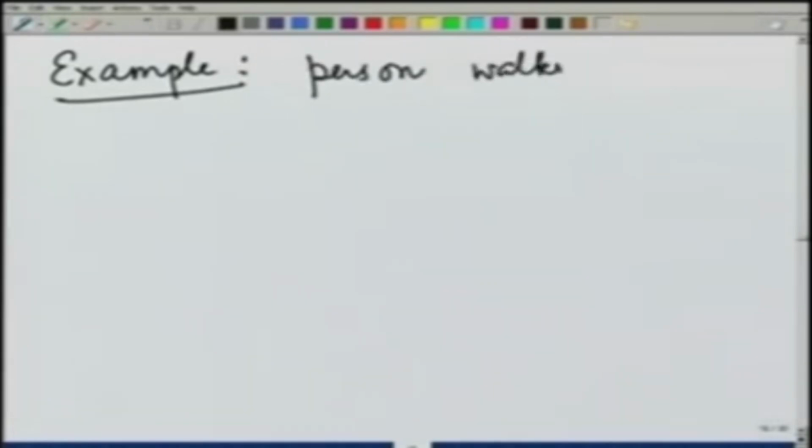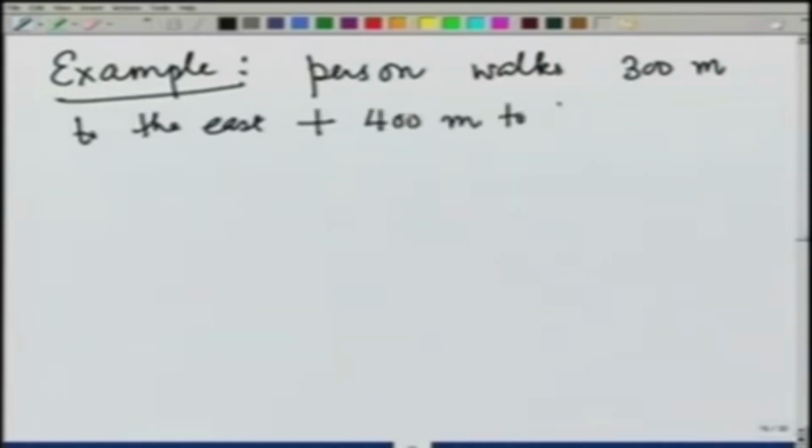So, example 1, suppose there is a person who walks 300 meters to the east and then 400 meters to the north. We want to ask what is the total distance he covered.